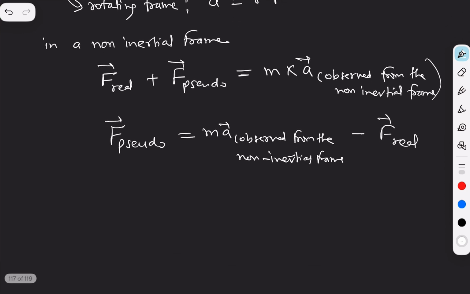Now if you see, F real is simply mass times acceleration in the ground frame.